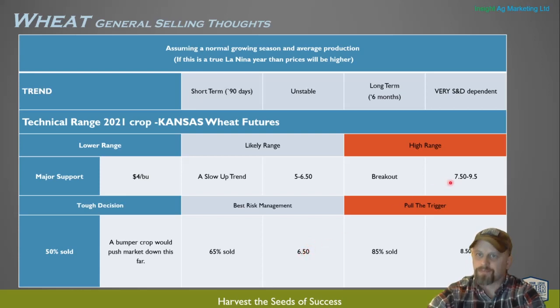If a breakout range is like 750 to 950, I don't know what that works out to in Canadian dollars because of our basis and everything, but I guess it would be between $11 and $12 wheat, which would be crazy, right? So it has potential, but this is kind of a shot in the dark. And this one here is most likely.